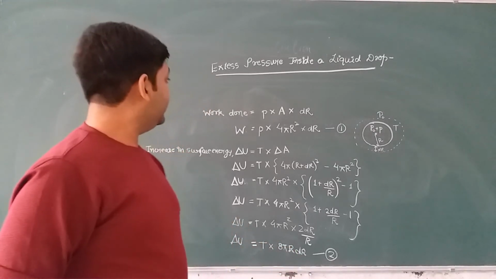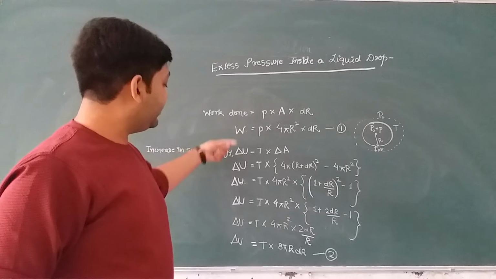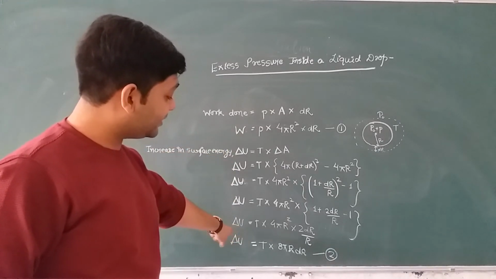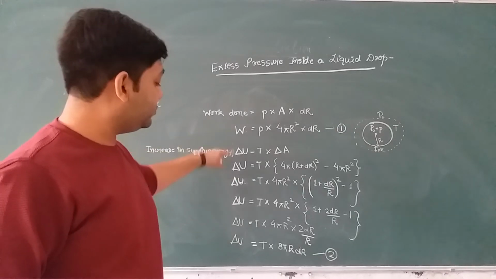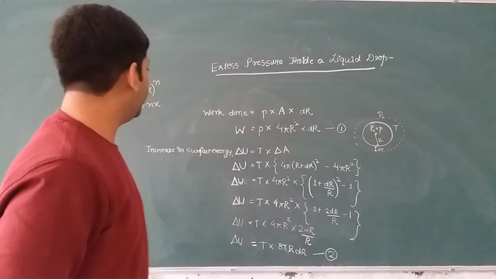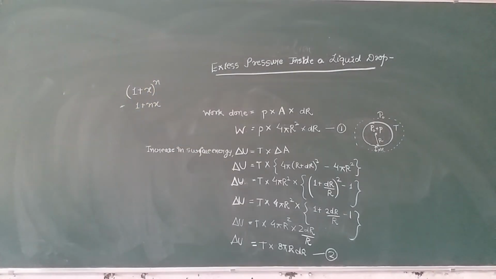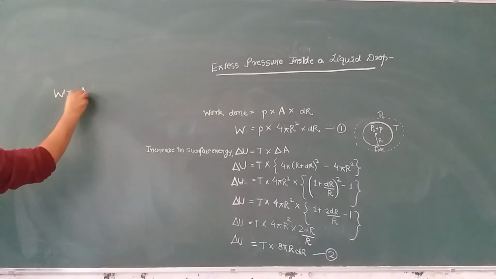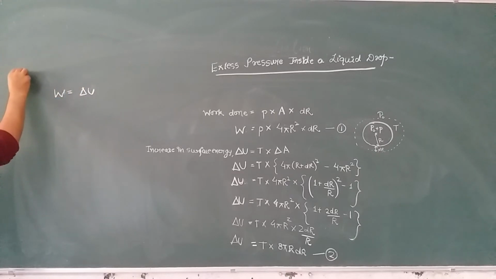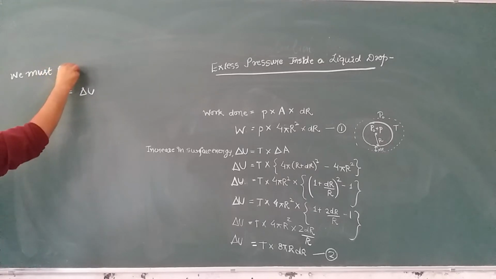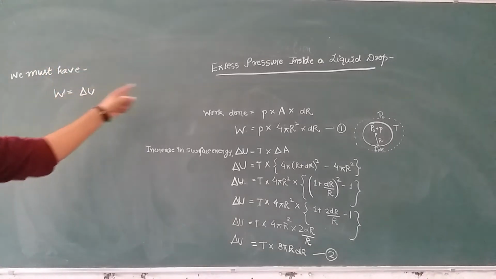Fine. Now this work done is converted into the increase in surface energy. This work done is used to increase the surface energy of the liquid drop. So these two must be equal. So we must have W is equal to delta U. What is the value of W?